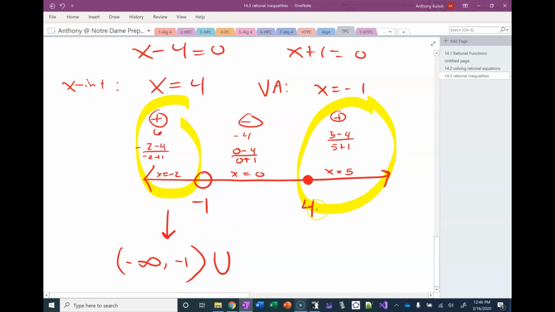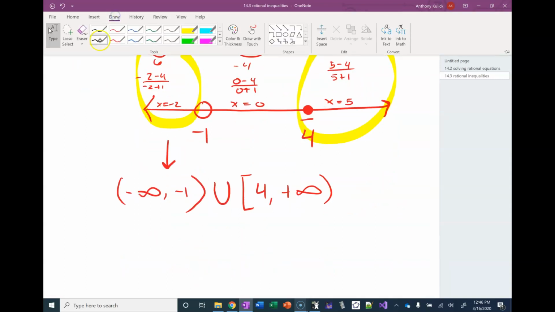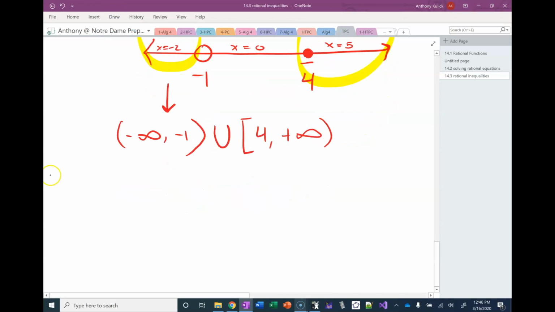And then we move to the next piece. Since we have a filled in circle here, we use a bracket up to +infinity. So we need to make sure we're being mindful about what's going on and making sure we get those brackets and parentheses correct.